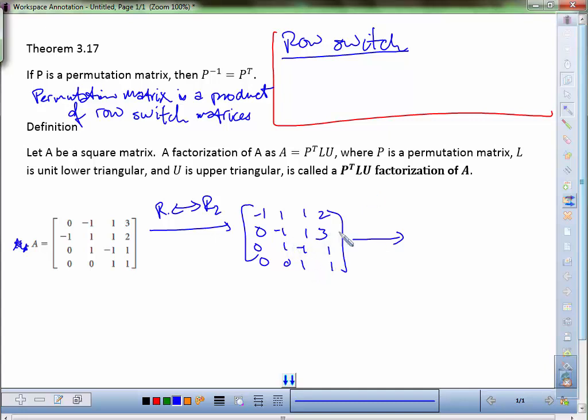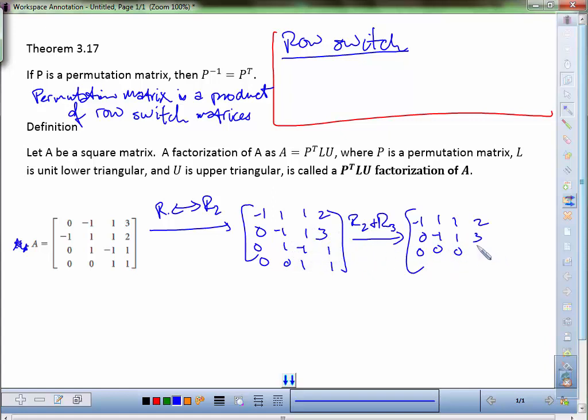Okay, so I'm going to take row 2 and add it to row 3, and then I'll replace row 3 by that, right? So row 1 stays the same, row 2 stays the same, and row 3 is going to be 0. Now if I add the second one, that's another 0.